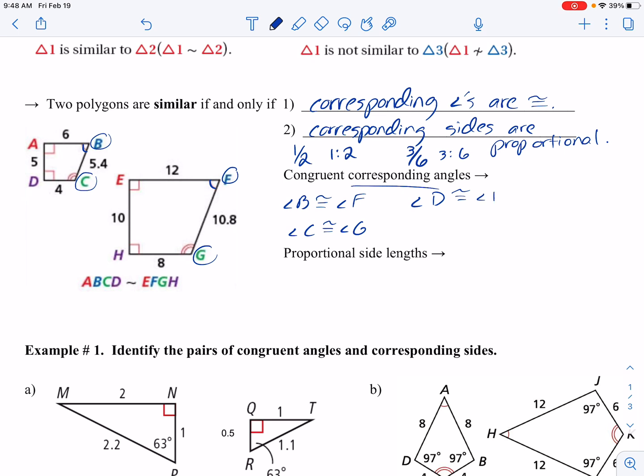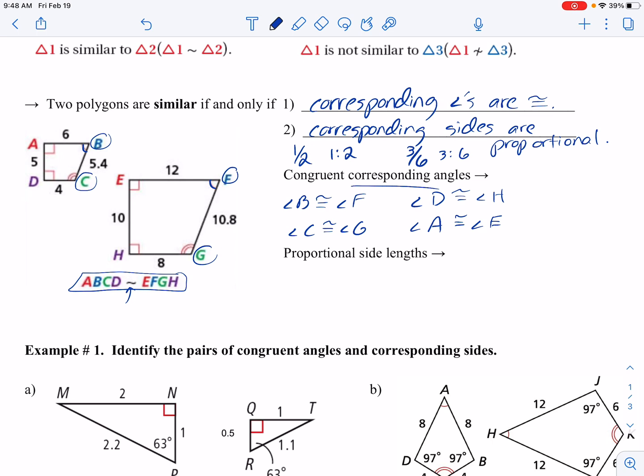D is congruent to H, and A is congruent to E. In similar polygons, and these two quadrilaterals are similar, that's what our similar marking means right here. All the corresponding angles are congruent.